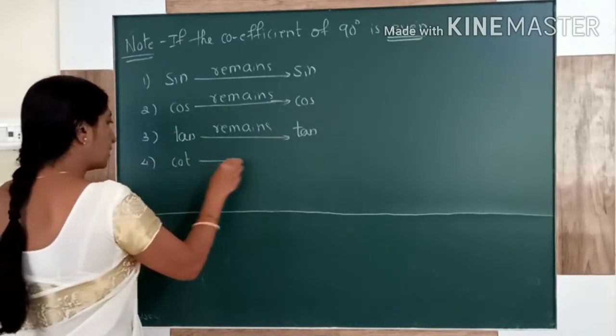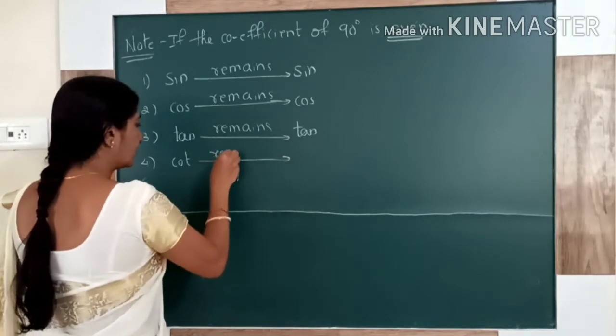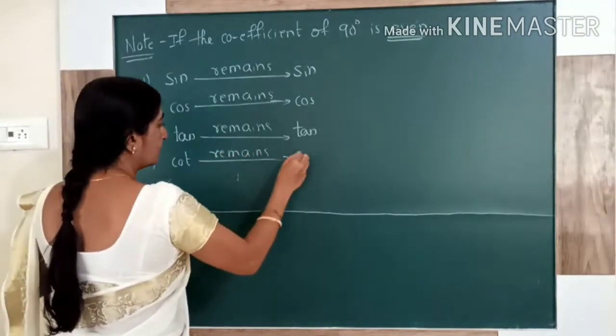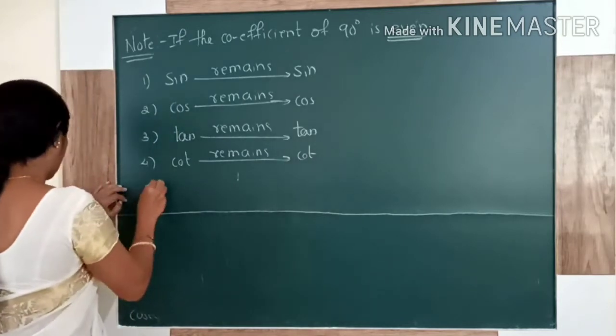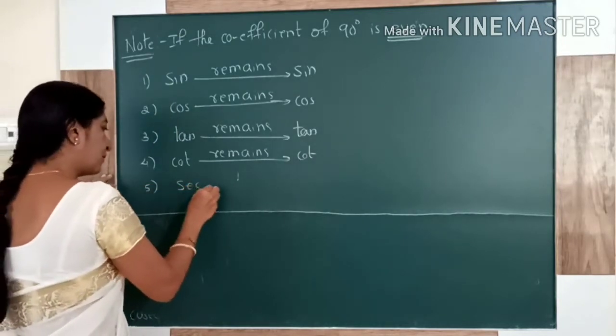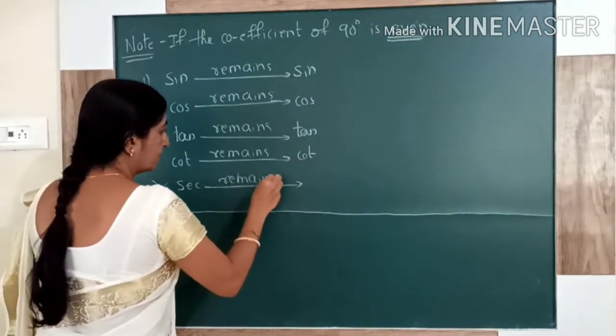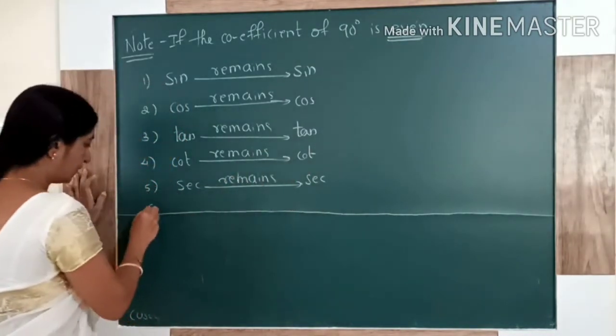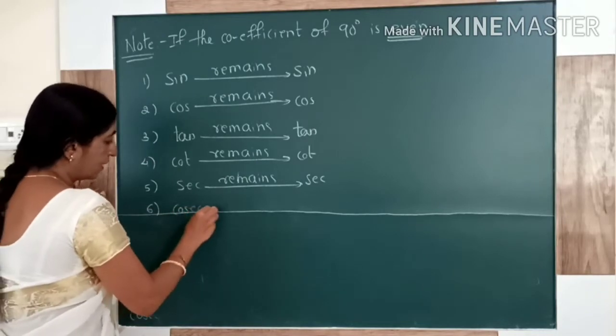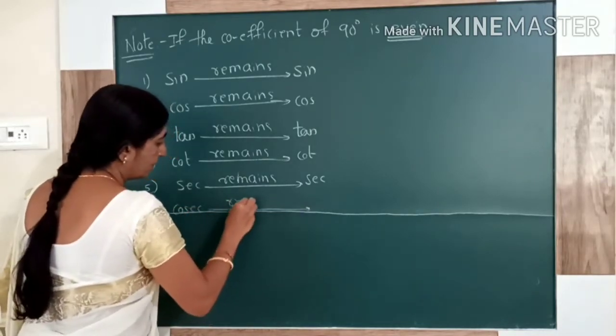Cot remains cot. Then sec remains sec. Sixth one, cosec remains cosec.